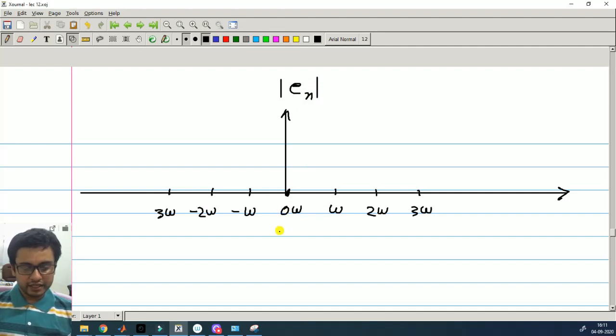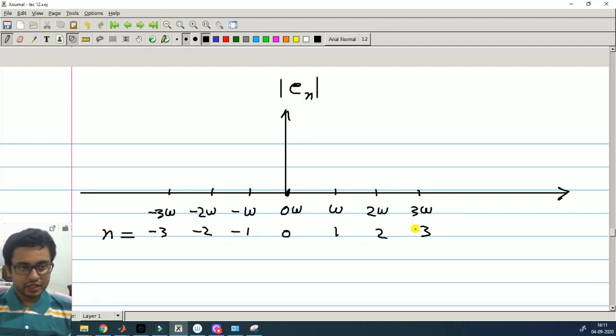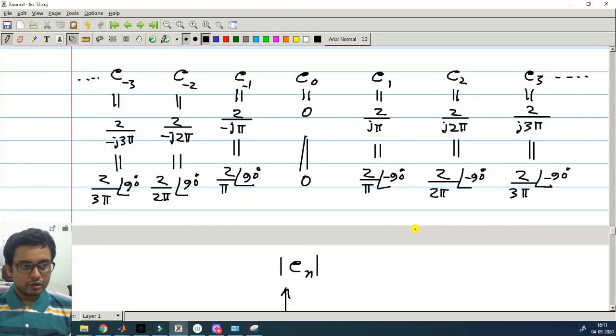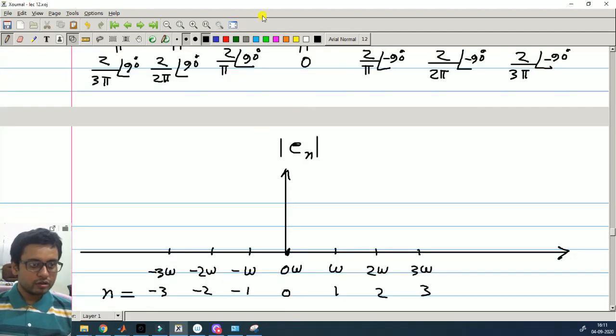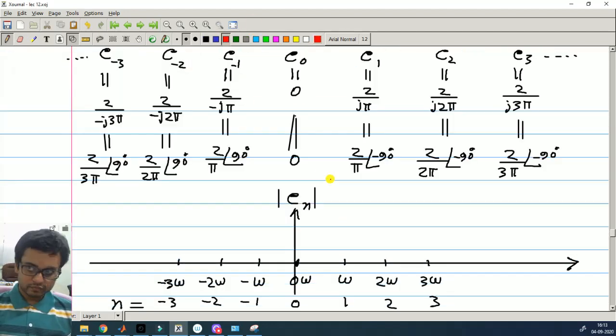So here n is equal to 0, 1, 2, 3, here minus 3, minus 2, minus 1. These are the values of n. Now, when n is 0, C0 is 0, so for n equal to 0, we shall plot 0.